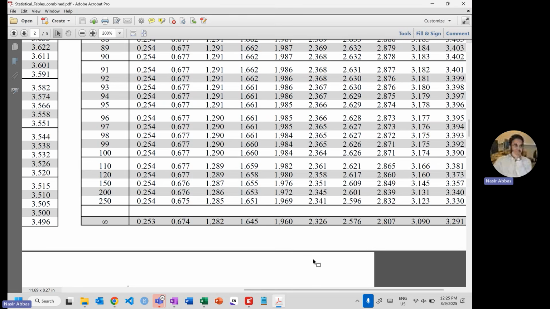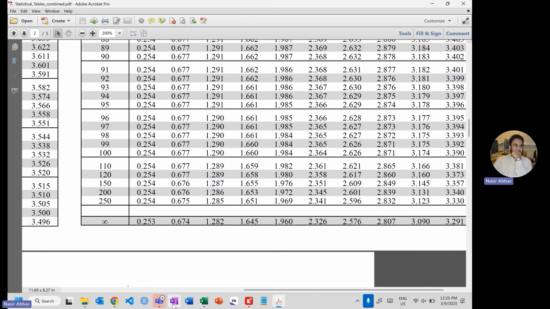You remember this 2.575, between 2.57 and 2.58? You remember this 1.645? These are actually from the z table. So in case the degree of freedom is too large and the population standard deviation is unknown, you use the t-based interval, but just replace the t critical value by the z critical value.